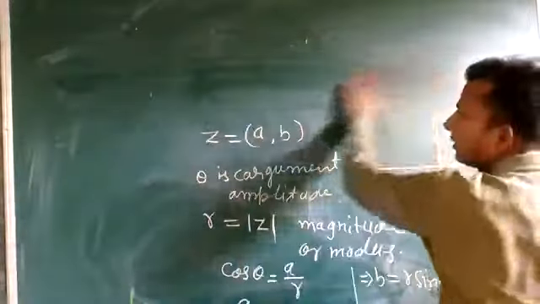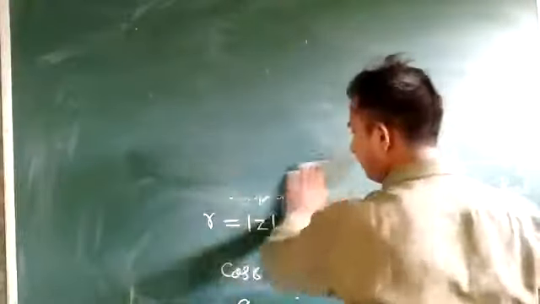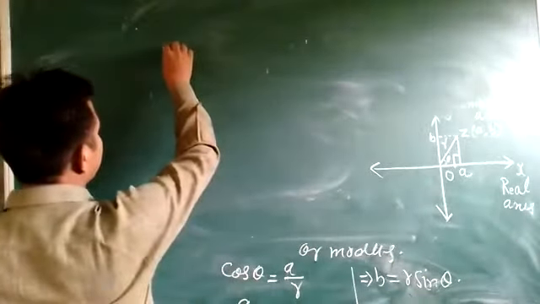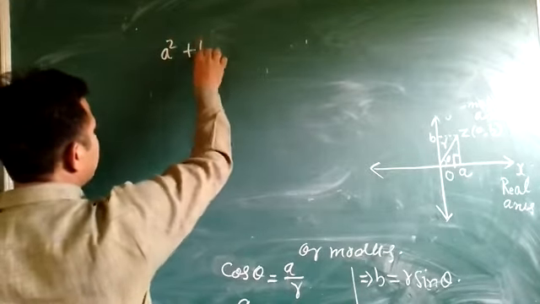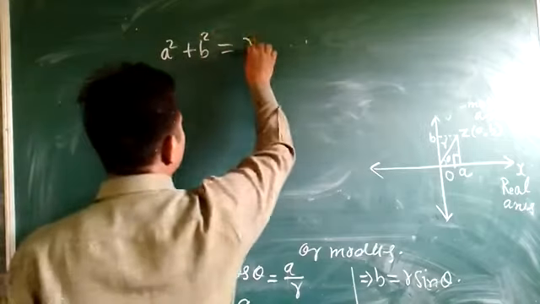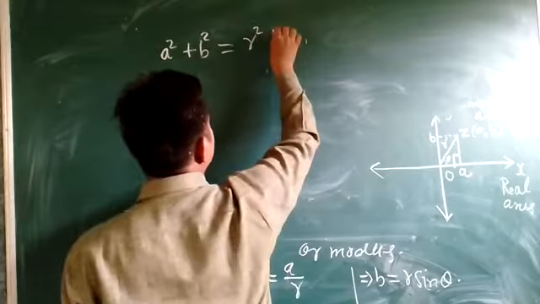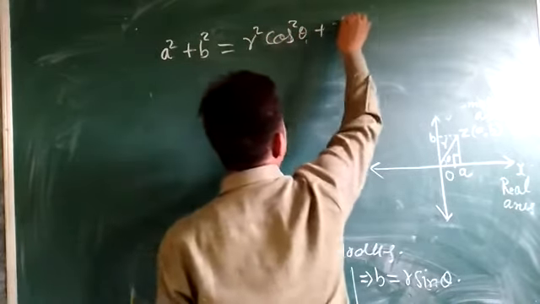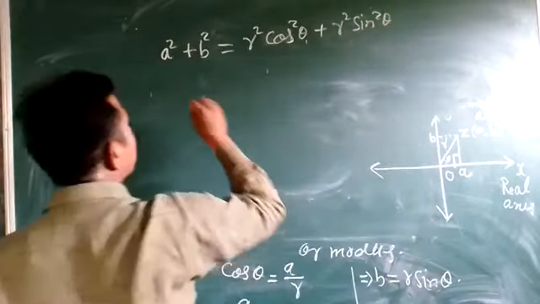Then we will get a square plus b square equal to r square cos square theta plus r square sin square theta.